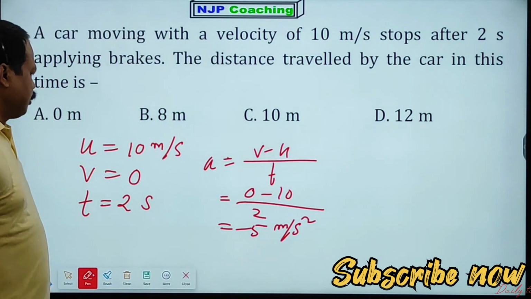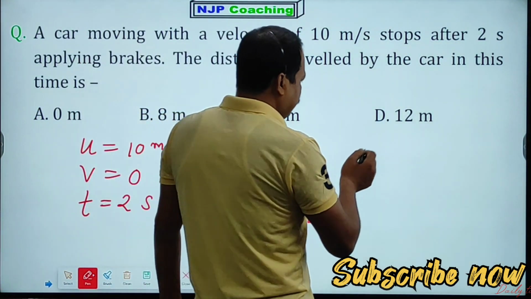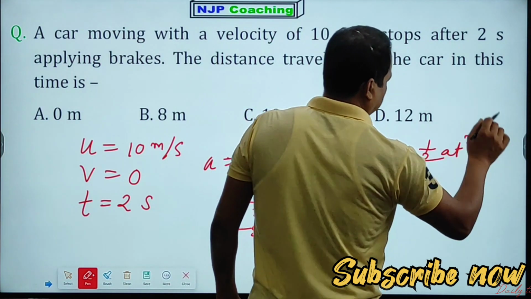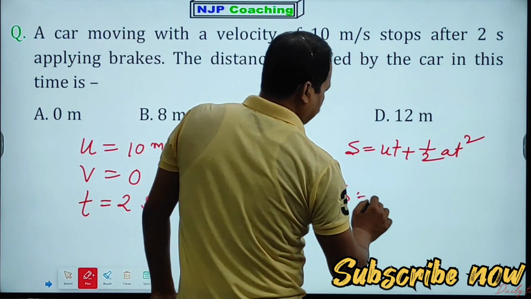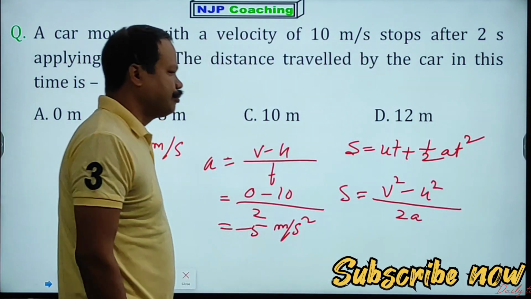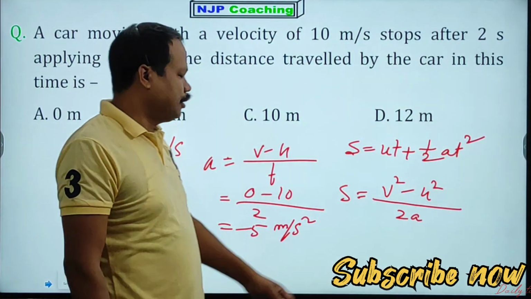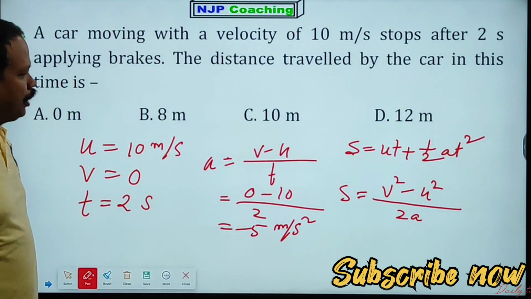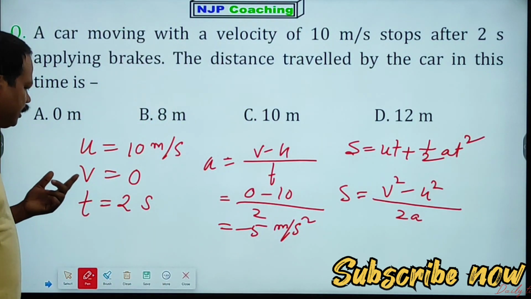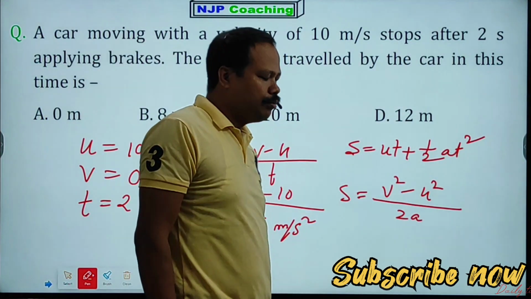Acceleration is minus 5 meter per second squared. Now we can use any formula, either s equals ut plus half at squared, or s equals v squared minus u squared by 2a. You can use either formula after finding the acceleration.